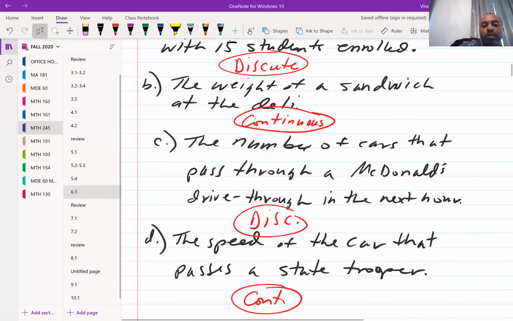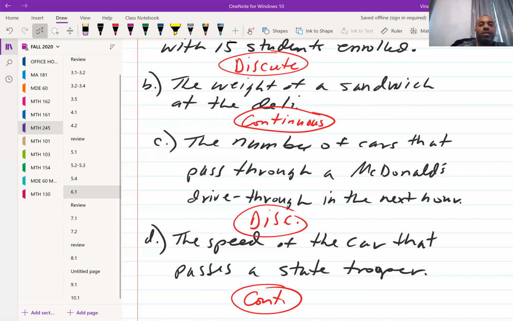And then the last one, the speed of a car that passes a state trooper, that will be considered continuous, because once again, it's measurement, and somebody's gun, what are they called? Can't even think of the name. Somebody's gun could be more accurate than the next person's.